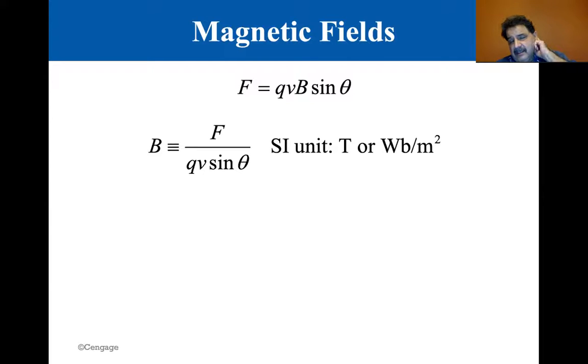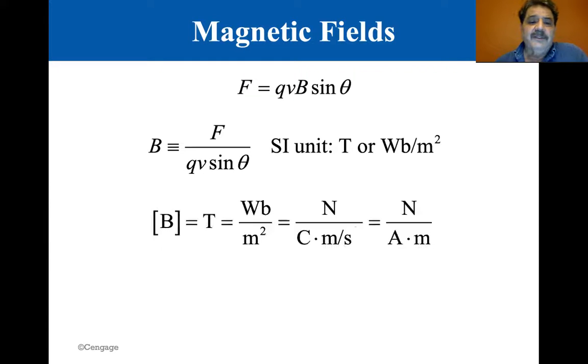We'll see that we define that as Tesla or Webers per meter squared, but besides that, we have newtons over coulombs times meters per second. The sine of theta is unitless.